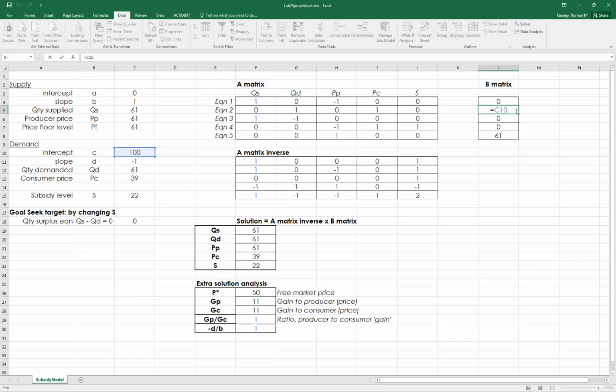This cell is set to be the intercept of demand. And then this cell here is set up to be the price floor. So those are all the parameters, the first two here, and this one. These are the only things that aren't a 1 or -1 by design. So this one happens to be -1 and 1 just because I chose those values for B and D, but they don't have to be.